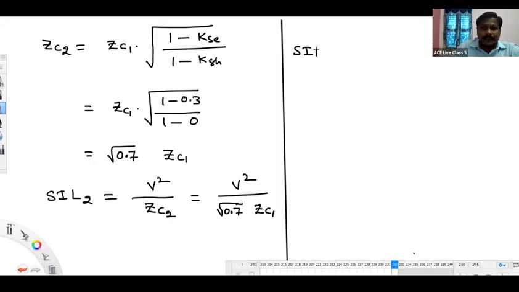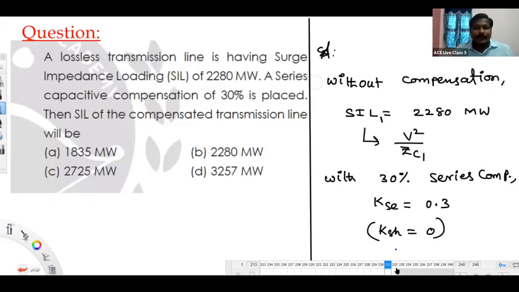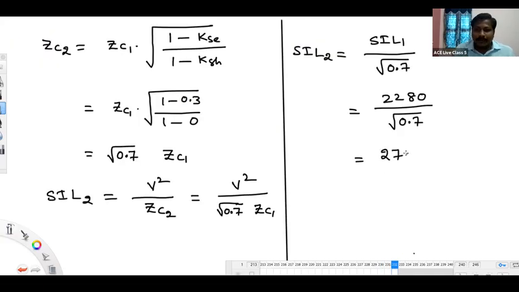So I can call SIL2 equal to SIL1 by root 0.7. SIL1 is 2280 and in the denominator you get 0.7 under root. If you calculate, you get about 2725 megawatts. After providing series compensation of 30%, we are getting this SIL value of 2725 megawatts.